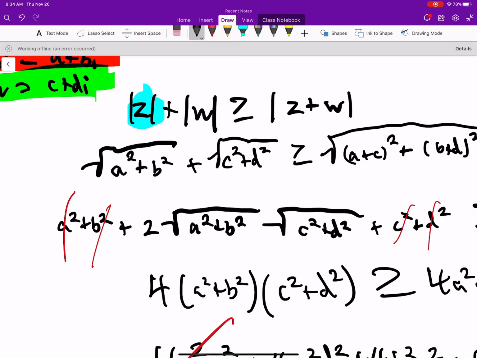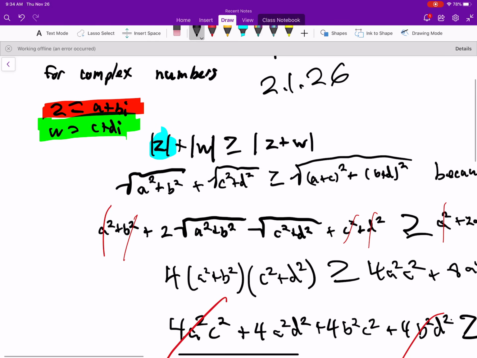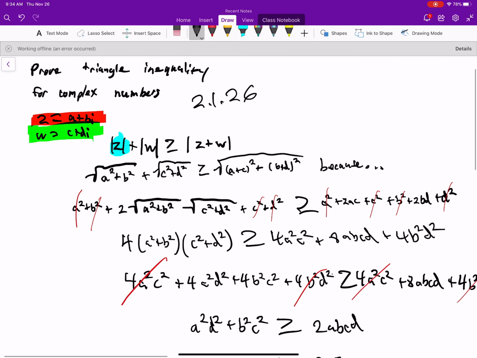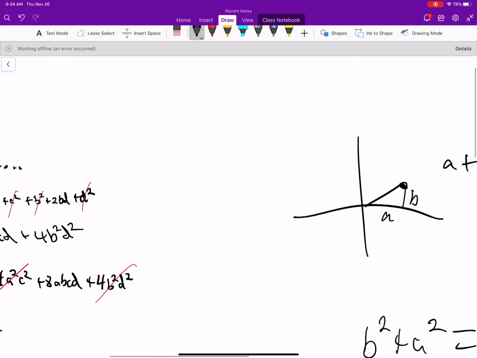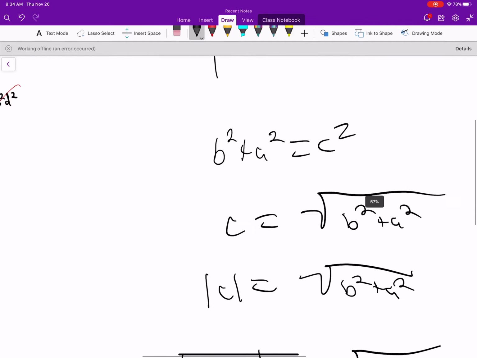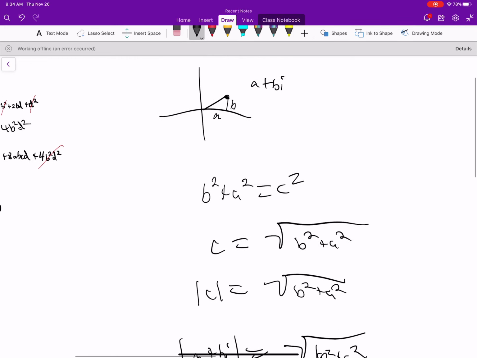And you might notice initially, oh yeah, what happened to those i values? We're looking at the magnitude of something, which is only the distance from the origin, which does not have an imaginary number associated with it, even though the number itself does.